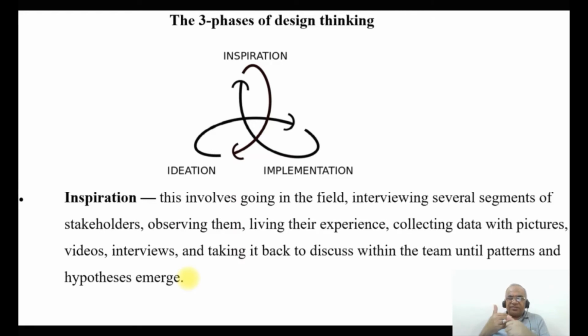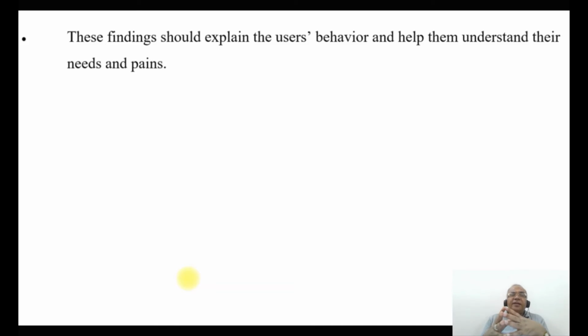What is a hypothesis? A hypothesis is nothing but a general rule, or the general implementation we want to make, to cater to the problems of the stakeholders and overcome those problems. So that becomes the hypothesis. If I give the solution for that, that will be the hypothesis. And these findings should explain the user's behavior and help us understand their needs and pains.